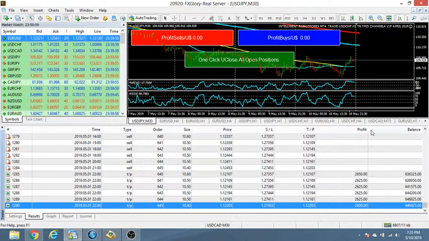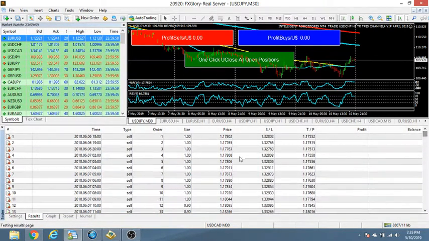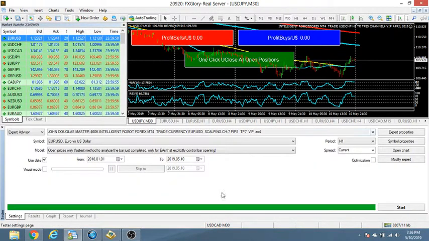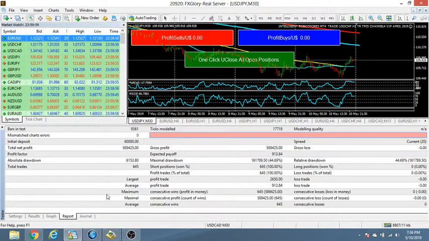Now this one is profit. That is how you start with 1.0 here. 1.0 is 1,000. Take 1,000 divided by your 60,000 initial deposit here.